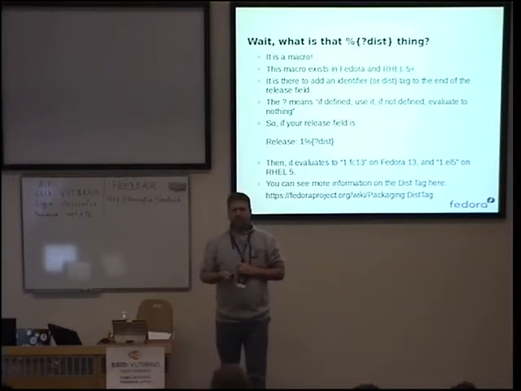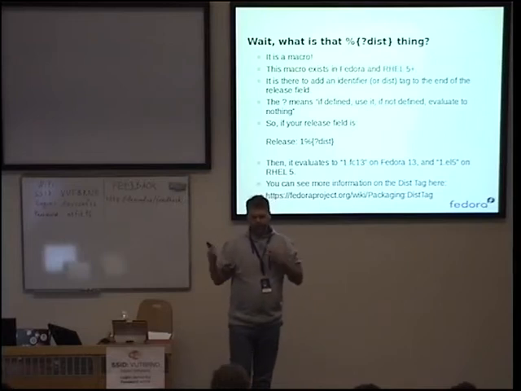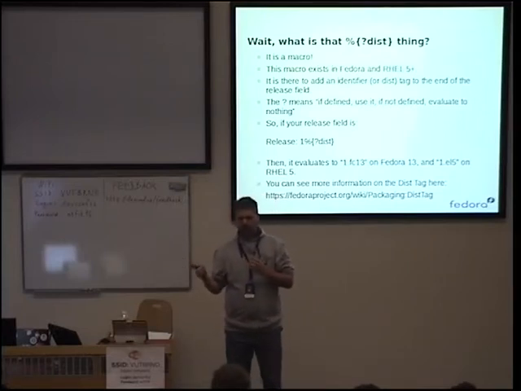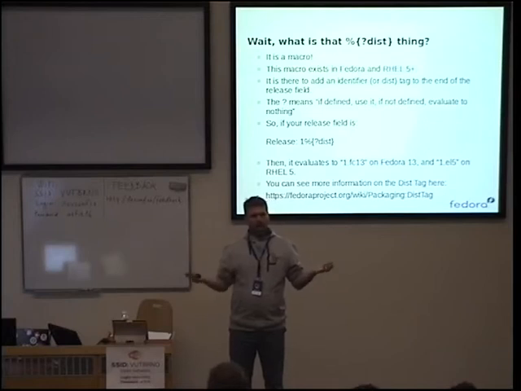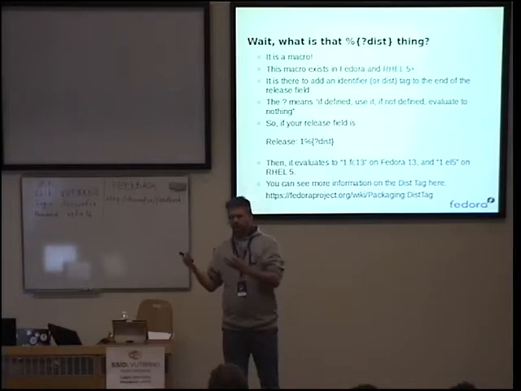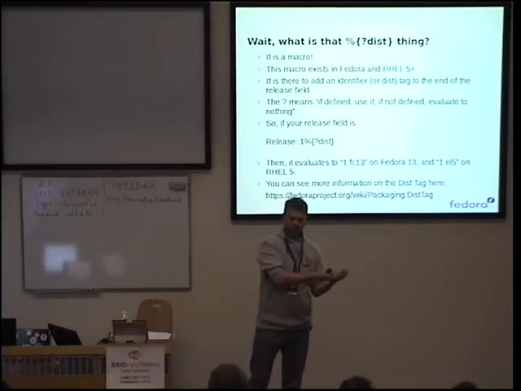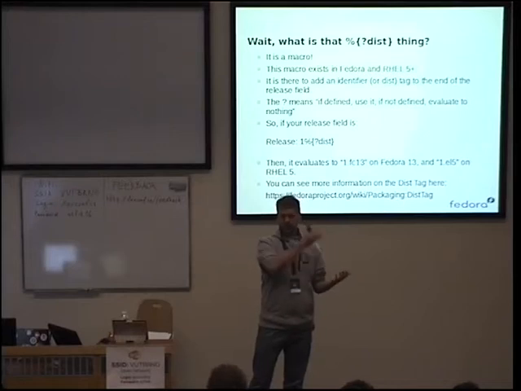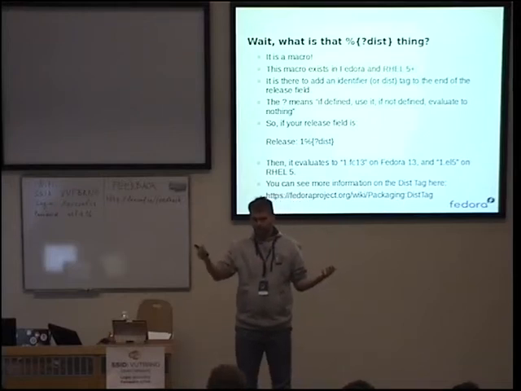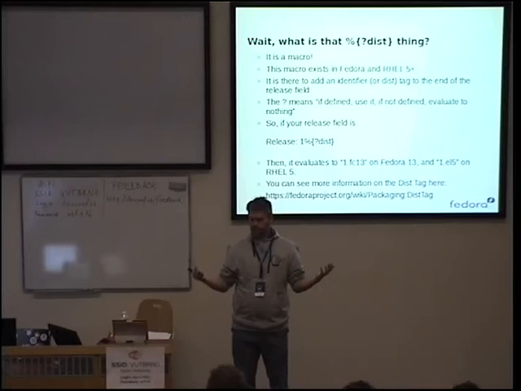And it's useful if you have two packages. For example, the Python urllib package. If you have the same package for Fedora 23 and the same package for RHEL 5, same name, same version, and even the same release, they are not the same.